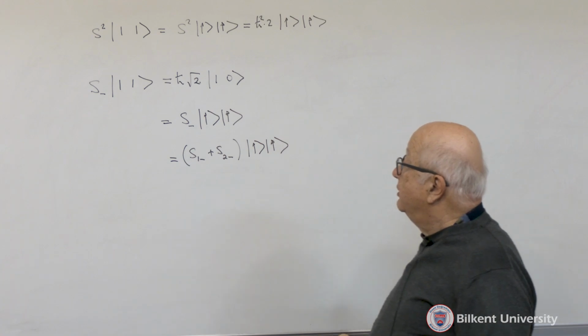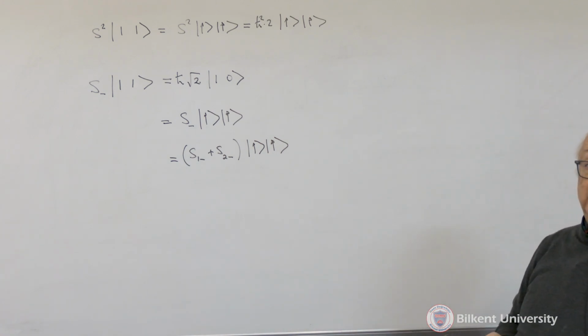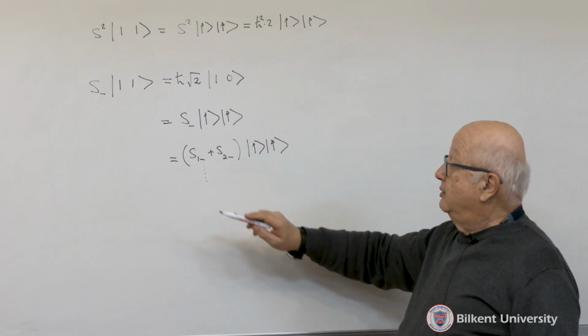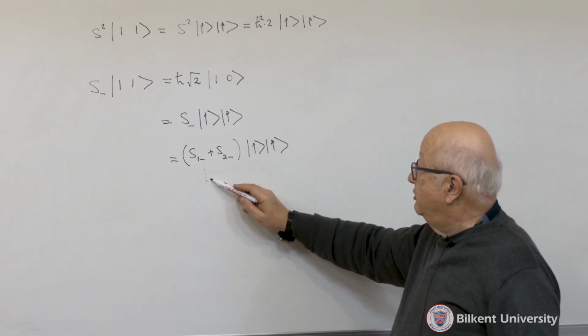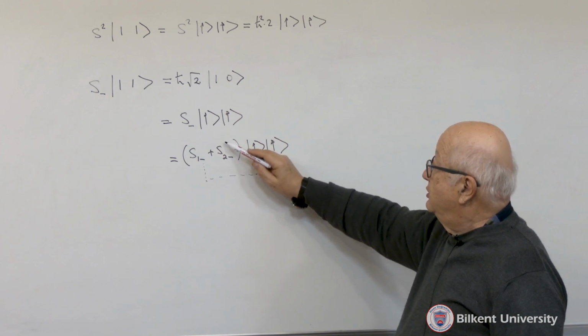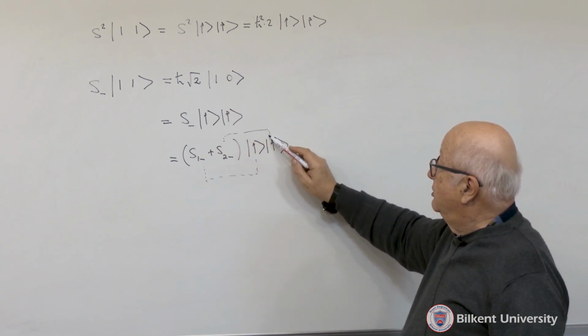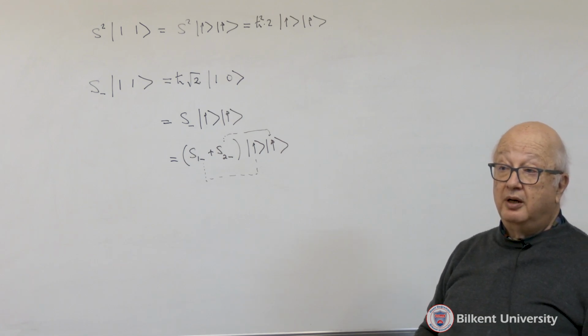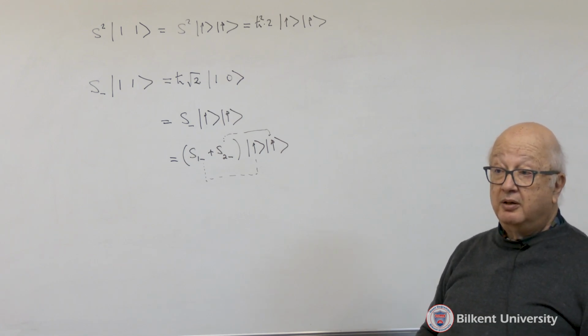What do I get? This one is trying to lower the first one, which it can do. This one is trying to lower that one, which it can do. So what do I get? Up, down, plus down, up.